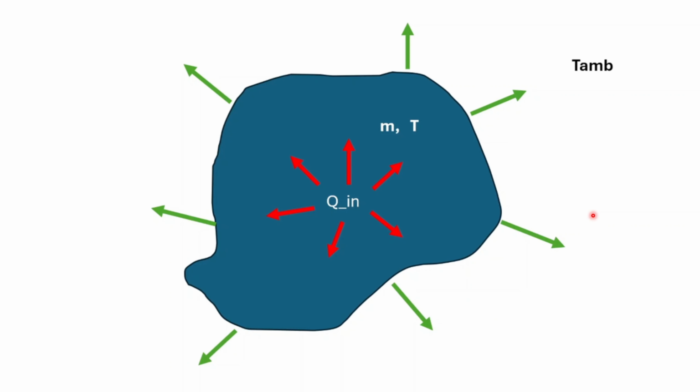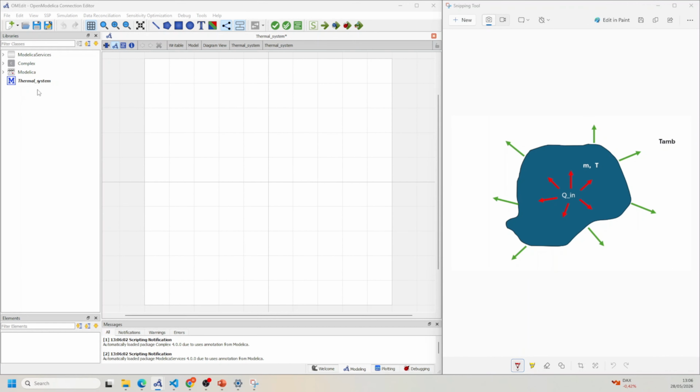Let's get started. I have already created this thermal system model in OpenModelica, and here is our schematic. I have just opened it side by side to show you what components we need in this system. First of all, we need a thermal mass that is available in the thermal library.